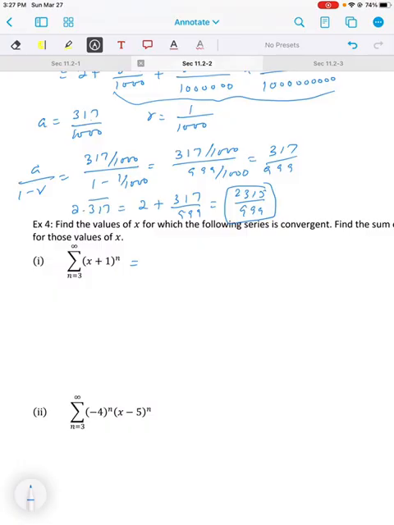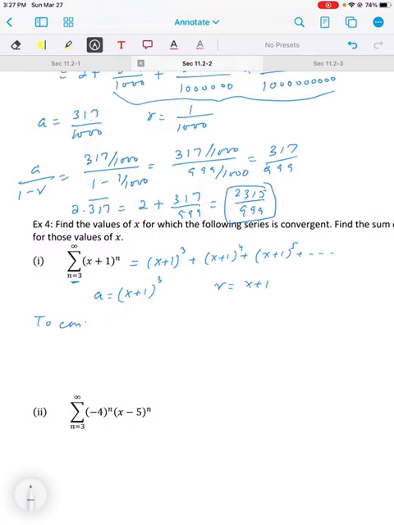So we start by expanding it, because that will help us determine a and r. Because the series is starting at n equals 3, our first term will be x plus 1 raised to 3. The next will be x plus 1 raised to 4, x plus 1 raised to 5, and so on. So a is x plus 1 whole cubed and r is just x plus 1.